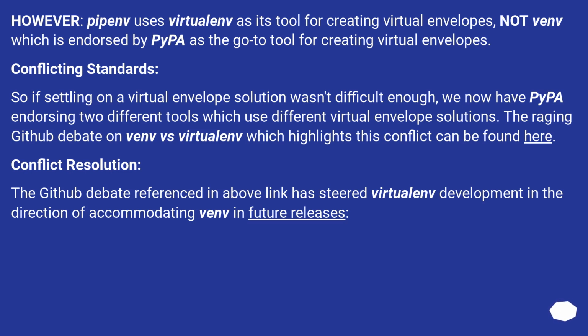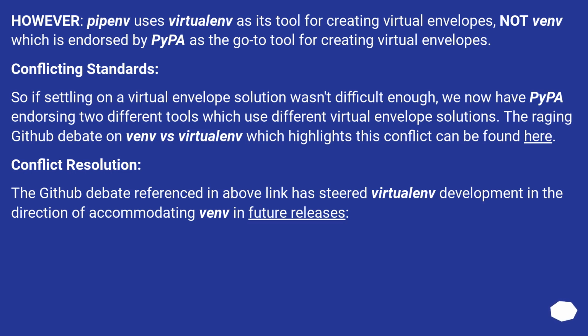Conflicting standards. So if settling on a virtual environment solution wasn't difficult enough, we now have PyPA endorsing two different tools which use different virtual environment solutions. The raging GitHub debate on venv versus virtualenv, which highlights this conflict, can be found here. Conflict resolution.